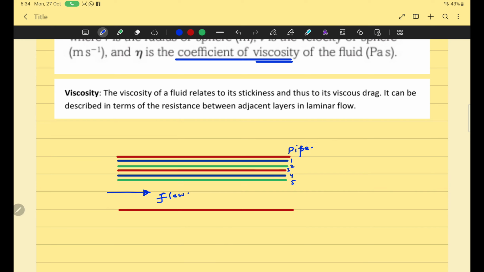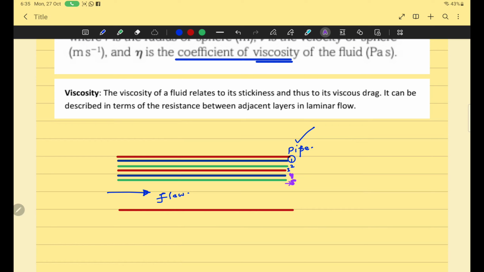If I ask you what is the friction, what is the resistance between the pipe and layer number one, you know the pipe is stationary and layer number one is moving. So the resistance or friction between pipe and layer number one will be maximum. But if I ask you, sir, what is the resistance or opposition between layer number 4 and 5? Sir, 4 is moving, 5 is moving.